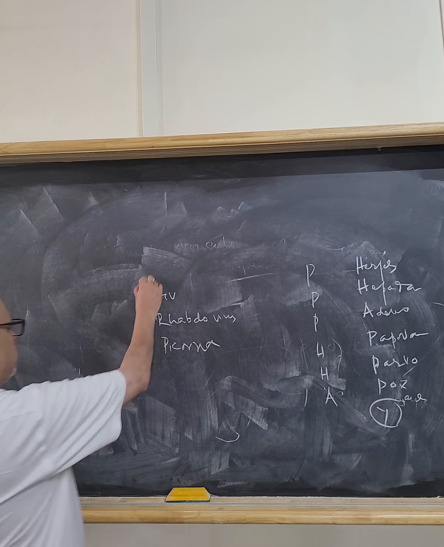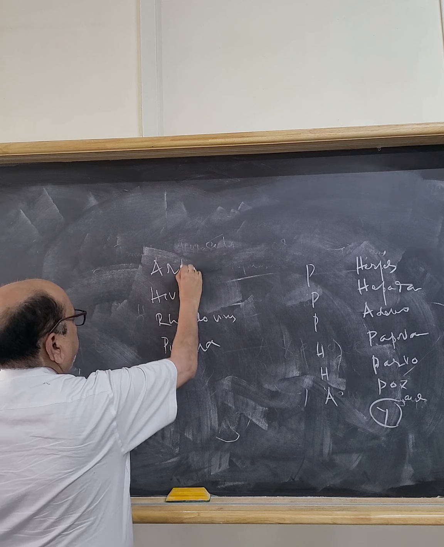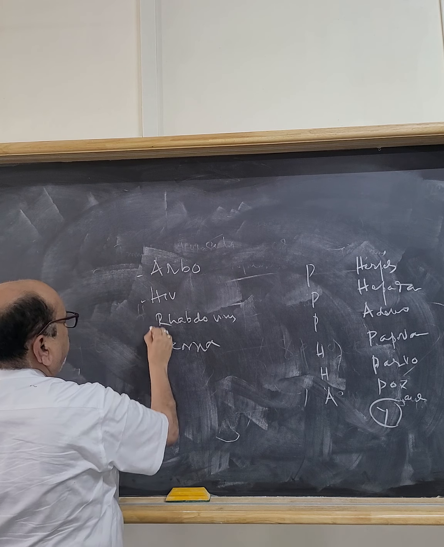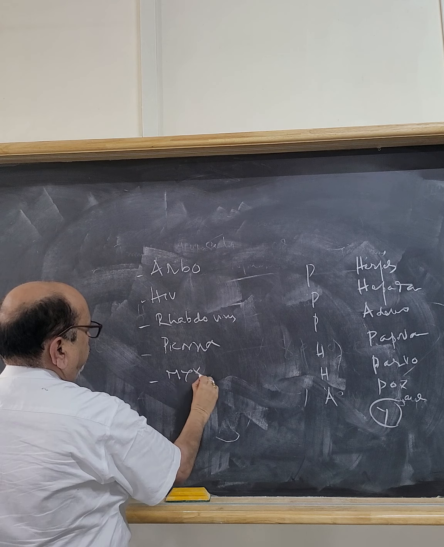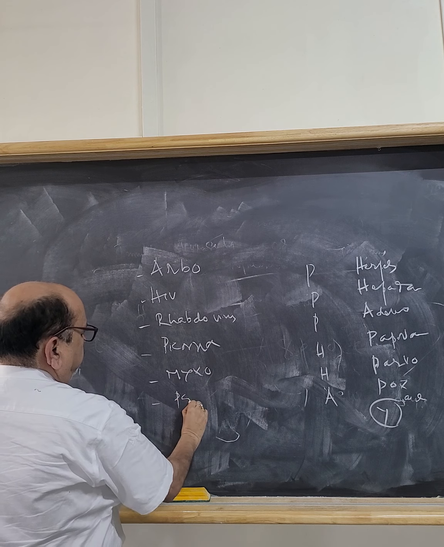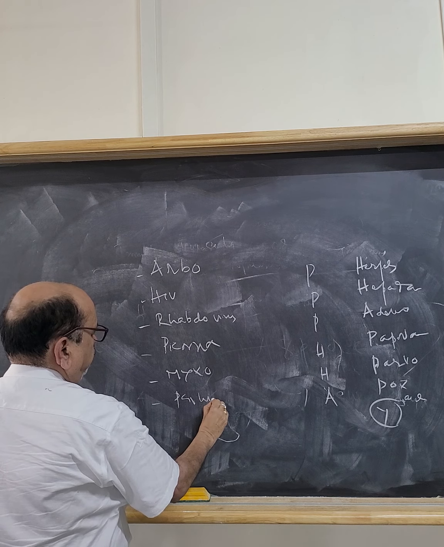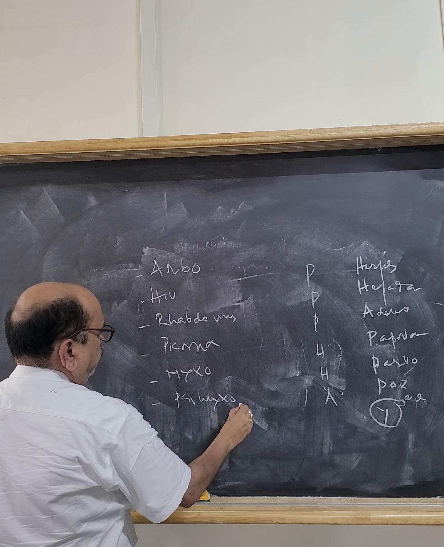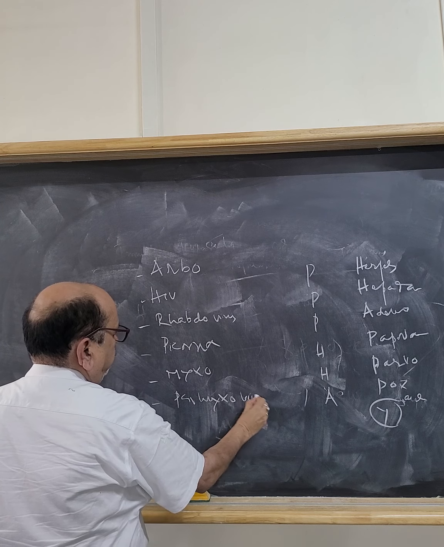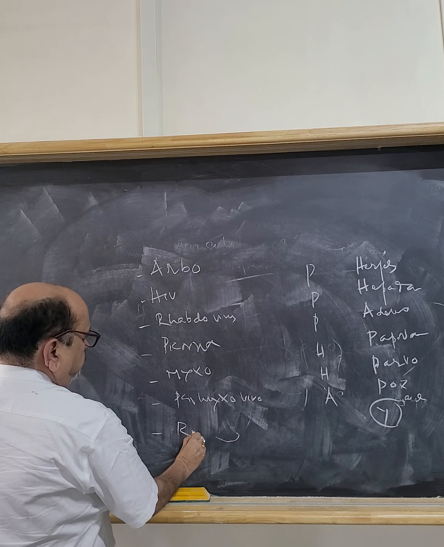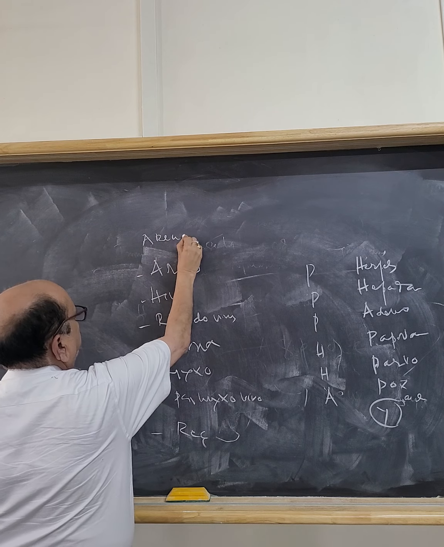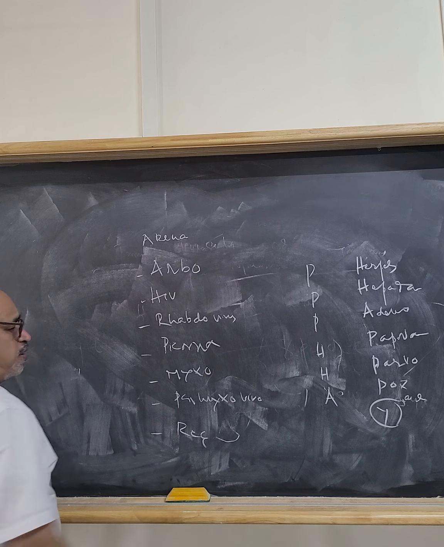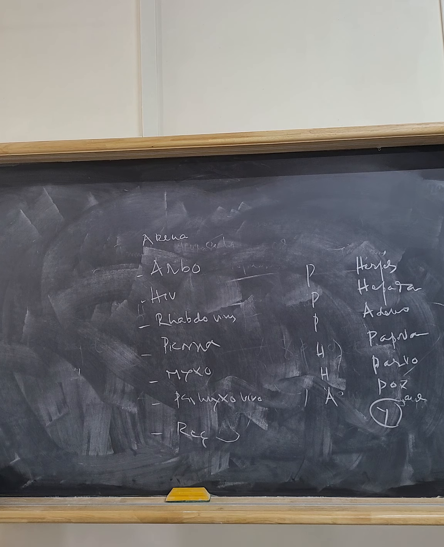You have arboviruses, myxovirus, paramyxoviruses, reovirus, arenavirus. So many are there. Myxo, paramyxo, rhabdo, picorno.